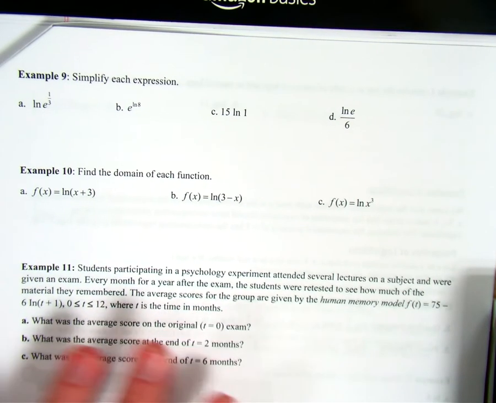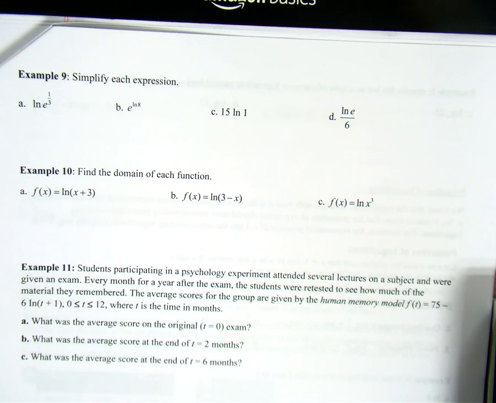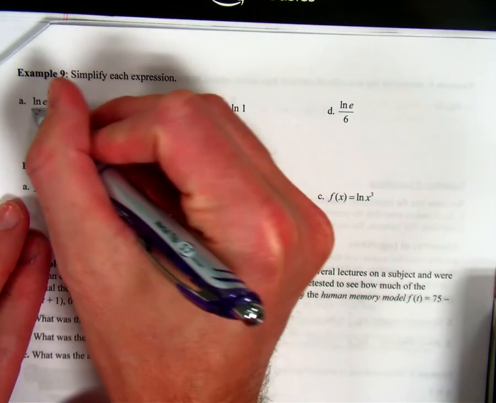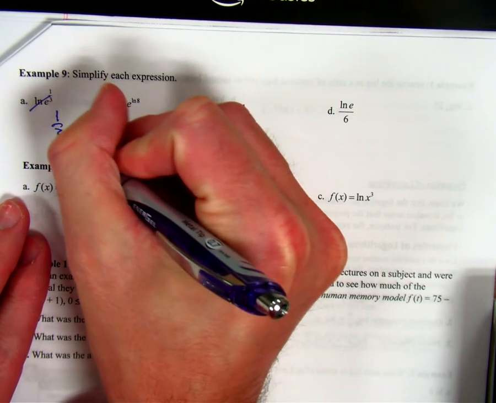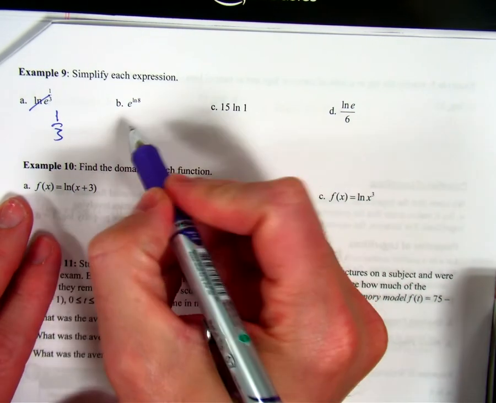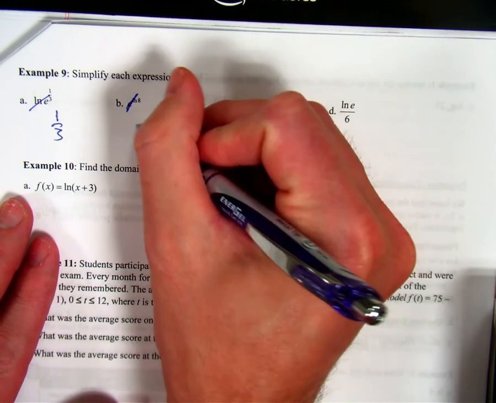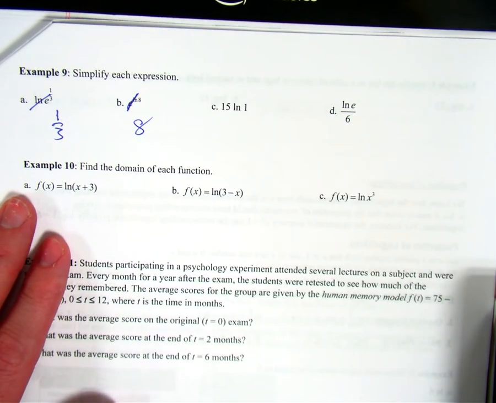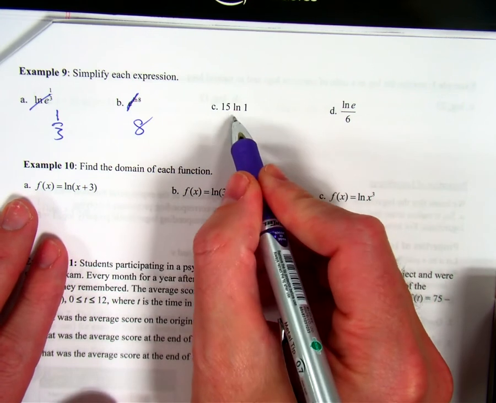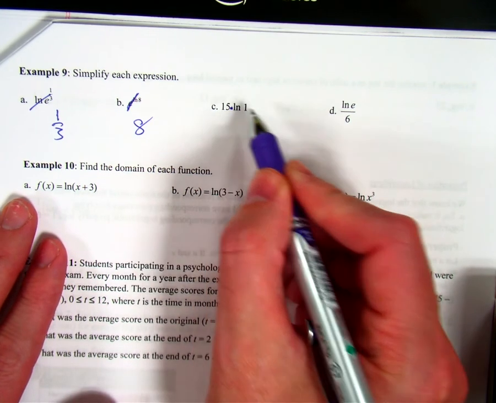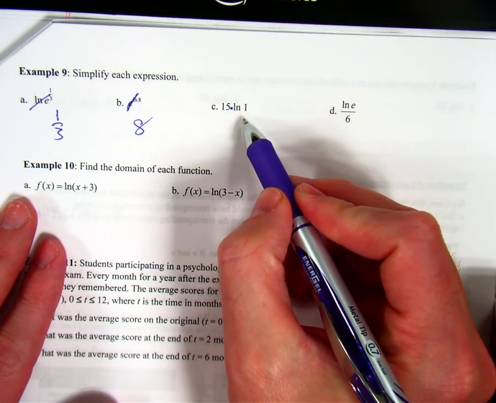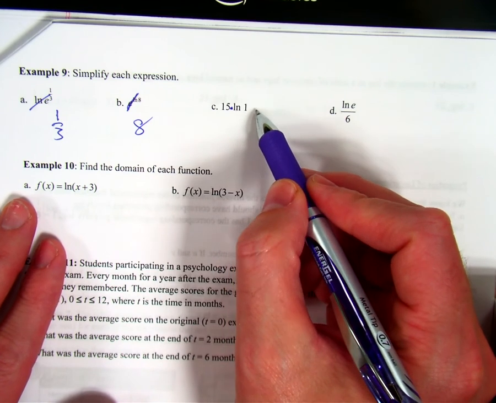Simplify. So natural log of e to the 1/3. Remember, natural log is log base e. So log base e of e is going to cancel out, and we're just going to have the third. Again, e to the natural log of 8. Those are opposites there. Their inverses are going to cancel out. We get 8. 15 times natural log of 1. Okay, what power of e gets us to 1?